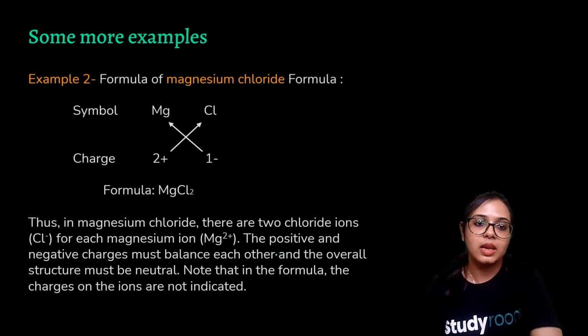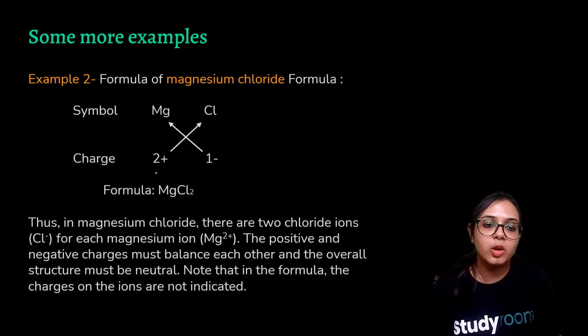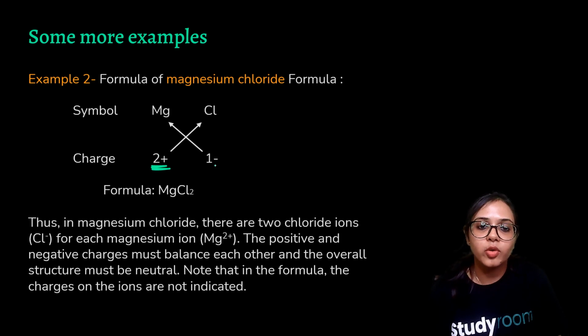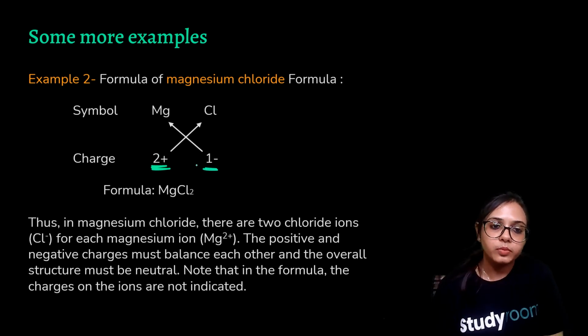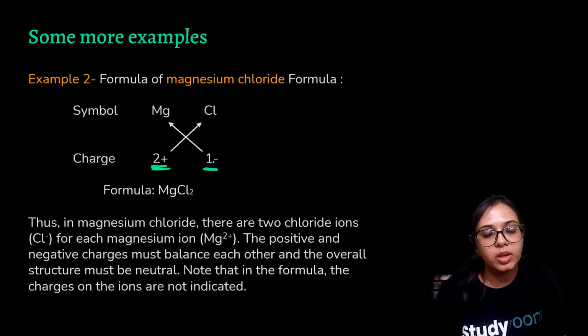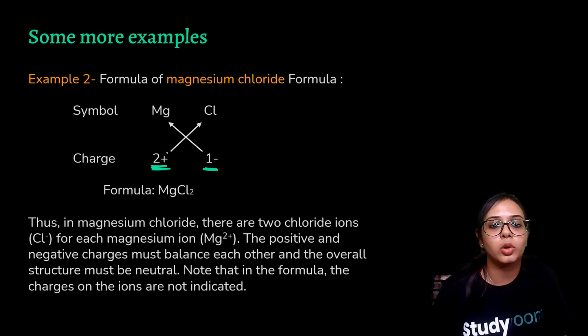Another example is magnesium chloride. The valency of magnesium is 2; the charge that it has is +2. The valency of chlorine is 1; the charge it has is -1. So magnesium is taking 1 extra electron from each of 2 chlorine atoms.